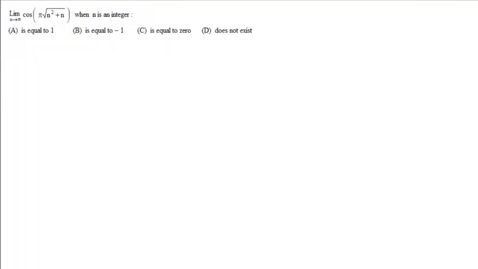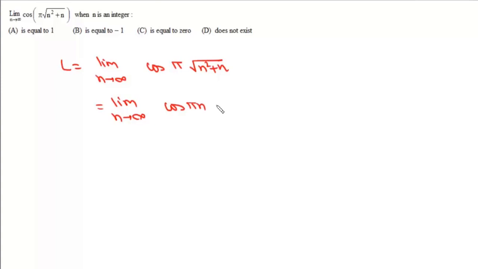Now here the question is, we need to find this limit L, which is limit n tends to infinite cos pi into under root of n square plus n. Now we'll take this n square out. We can write this as limit n tends to infinite cos pi into n, and here will be (1 plus 1 by n) to the power 1 by 2.